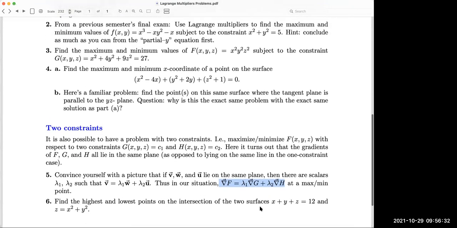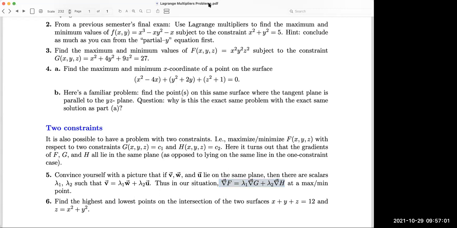But I will say this becomes an interesting problem to solve. You could solve this a couple different ways, like finding the highest and lowest points on the intersection of these. This is a plane intersecting a bowl, right? You could try to eliminate a variable, but I just want to show you the visualization of this because I think it's kind of cool.